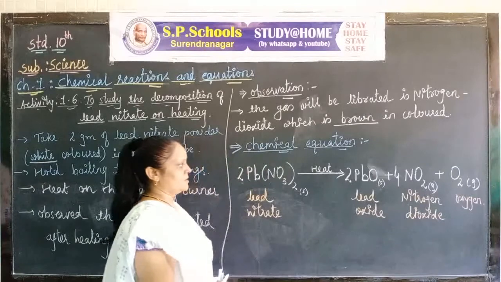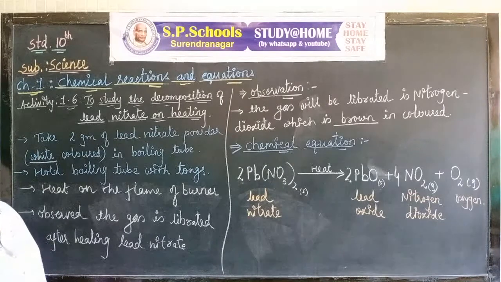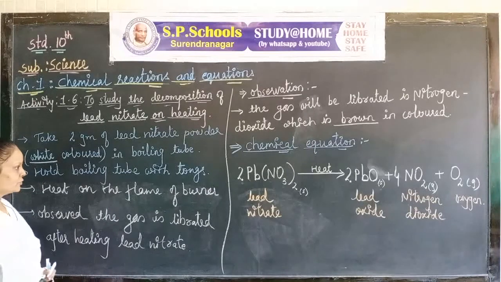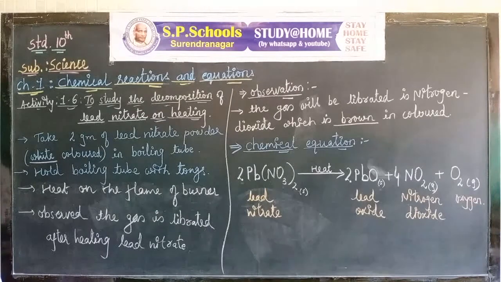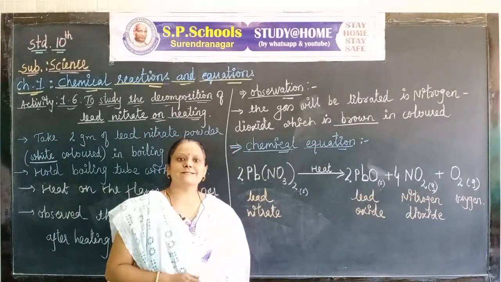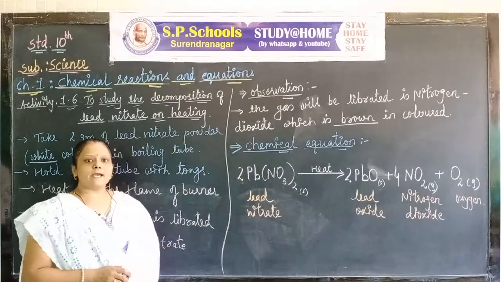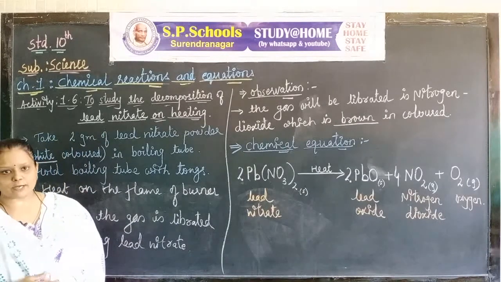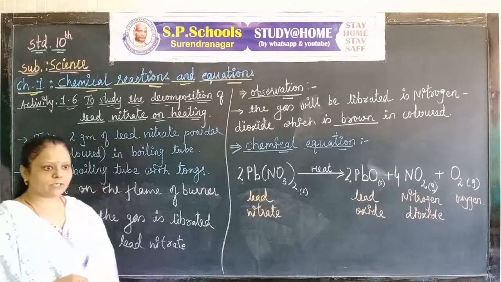So the chemical equation for this activity is 2Pb(NO3)2 gives 2PbO plus 4NO2 plus O2. This activity shows the chemical equation for a decomposition reaction. After studying activity 1.5, which is ferrous sulfate, and activity 1.6, lead nitrate powder, let's see the definition of decomposition reaction and an example.